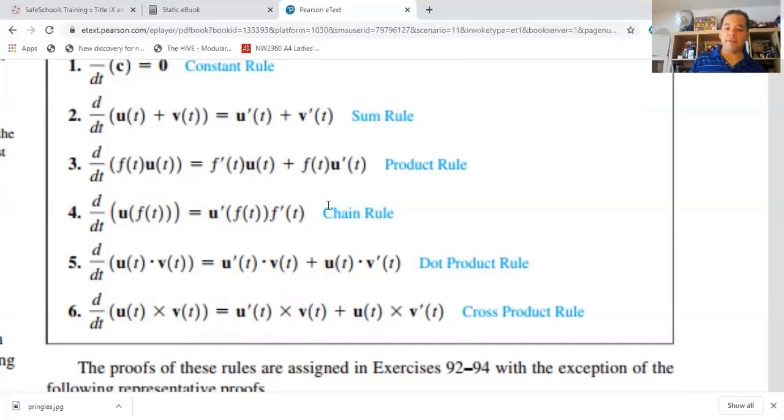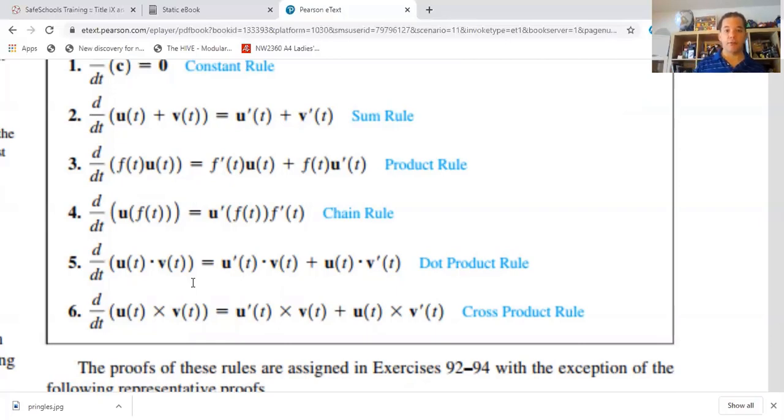And 5 and 6 are interesting too. They are also like the product rule, but they are the product rule for our other products that we learn about, right? Remember that we learn about the dot product, and we also learn about the cross product. Well, these two over here show you that for those products, the product rule applies as well.